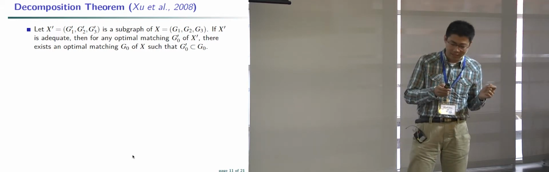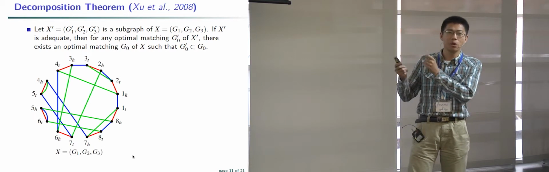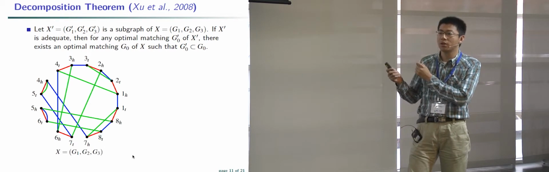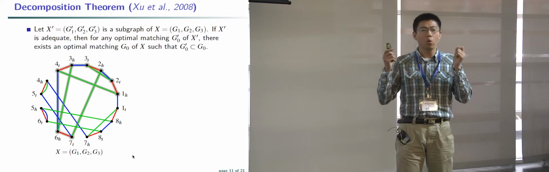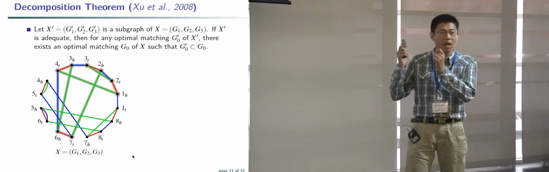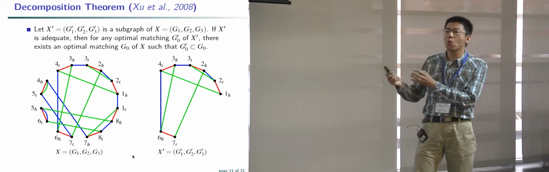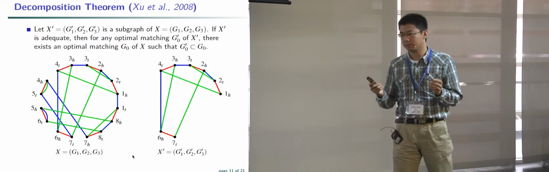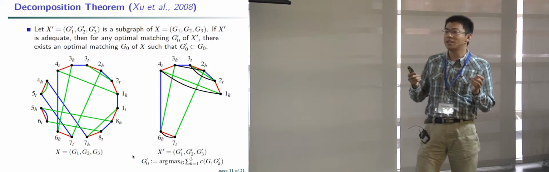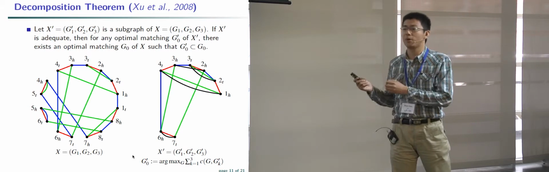Again, we use an example to explain this. This is X with 3 perfect matchings, G1, G2, G3. Suppose we find one subgraph X prime, and X prime is adequate. Then we can take X prime out and solve it independently. Let G0 prime be the optimal solution of X prime.